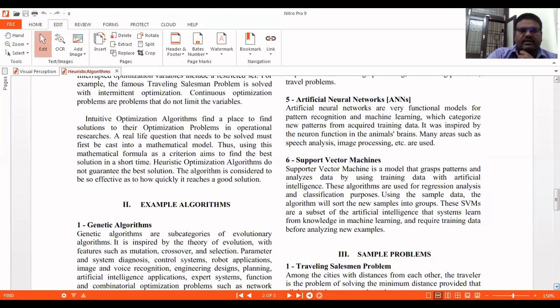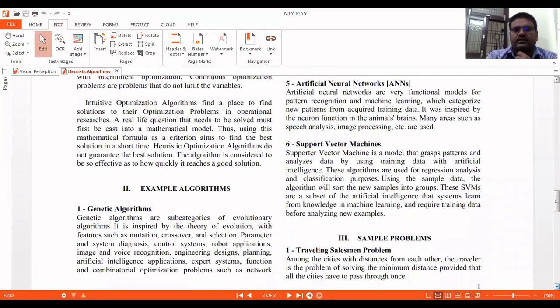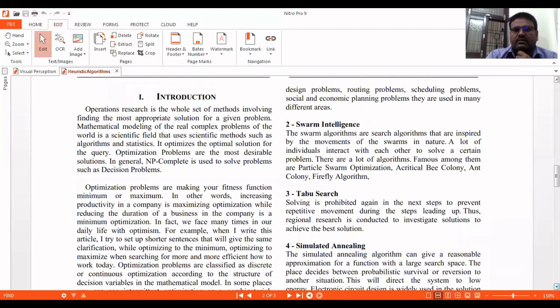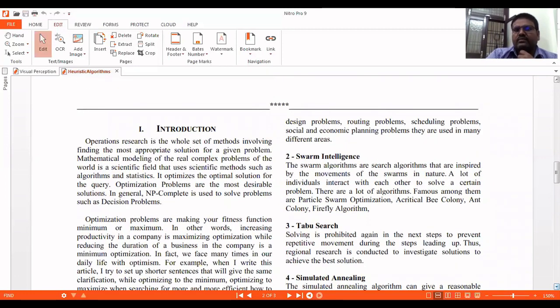They are widely used in areas such as expert systems, function and combinatorial optimization problems, network design problems, routing problems, scheduling problems, and social and economic planning problems. They are used in many different areas.